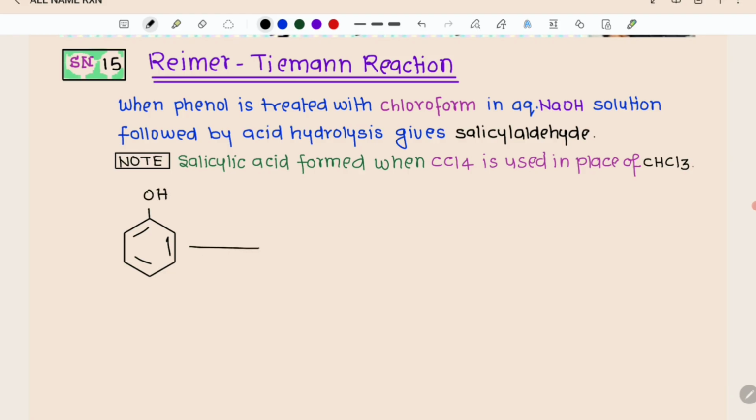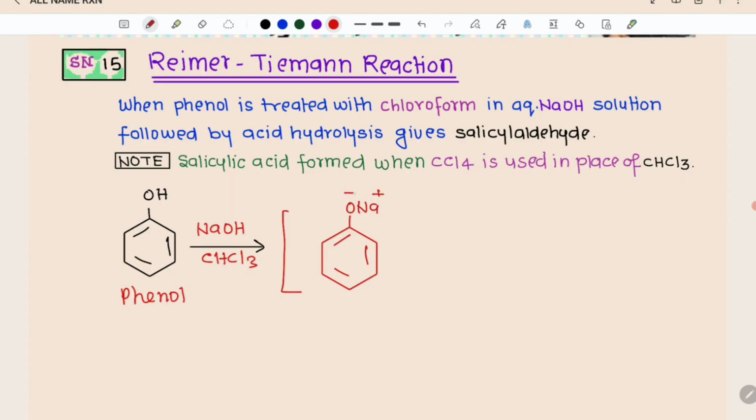It is treated with chloroform and sodium hydroxide. So we get an intermediate compound.